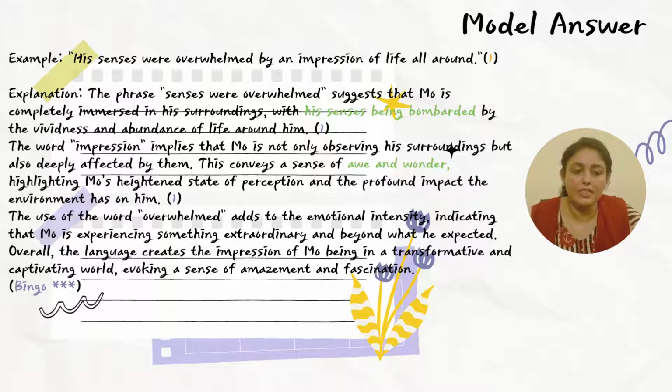That new world has created such a strong impression on him. Okay, so this is how you are going to develop your answer. So 1 mark you will get for correctly identifying the example, and then the 2 marks you will get for giving the metaphorical and the implied meaning, and then connecting it with the senses that the writer wants to evoke in you, and then connecting it with the background text.